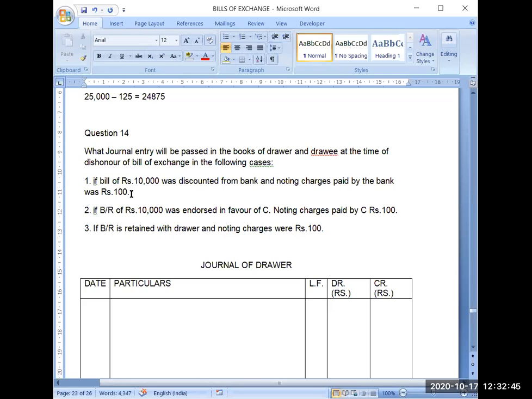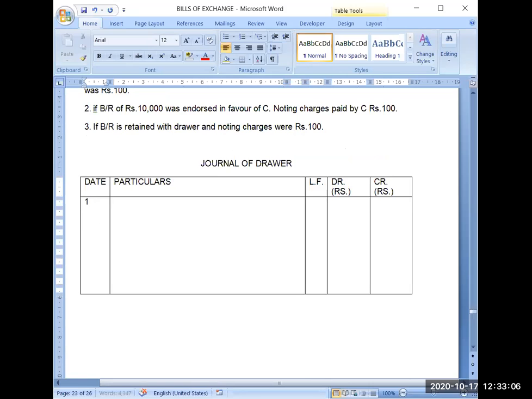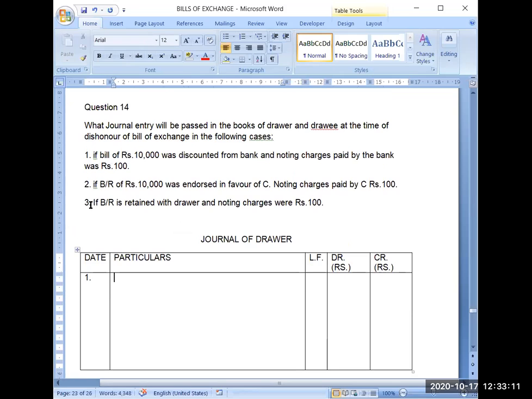So in that case, what practically will happen? That bank will deduct the amount of bill, that is rupees 10,000, from the drawer's bank account. Bank will deduct rupees 10,000 of the bill from the drawer's bank account. So drawer will do the entry. Case first is, so what drawer will do? Drawer will make drawee again his debtor.